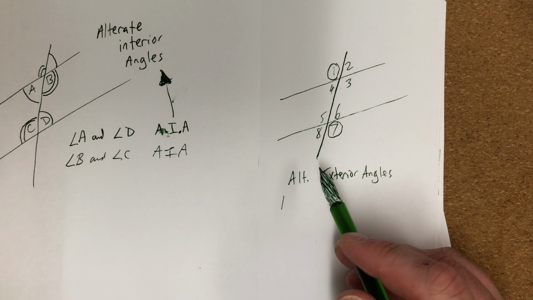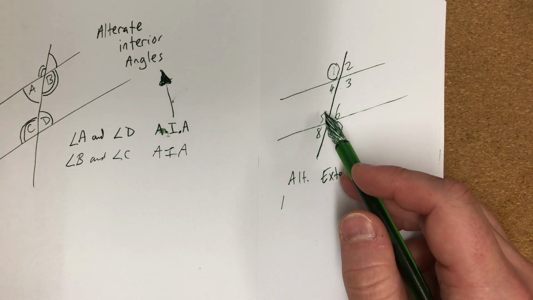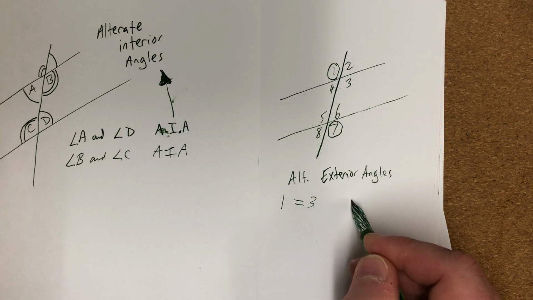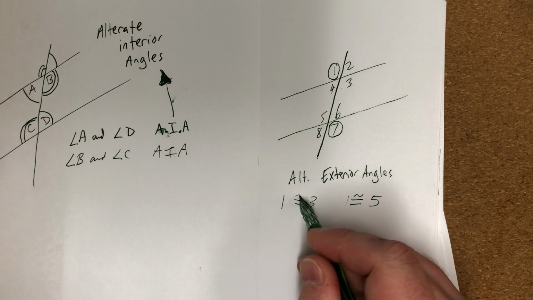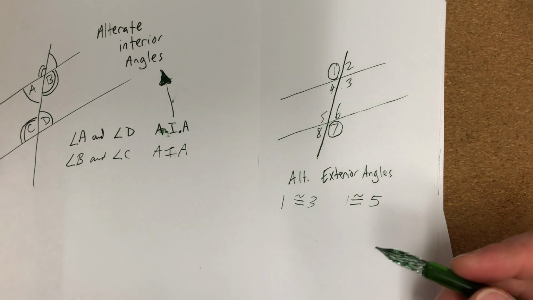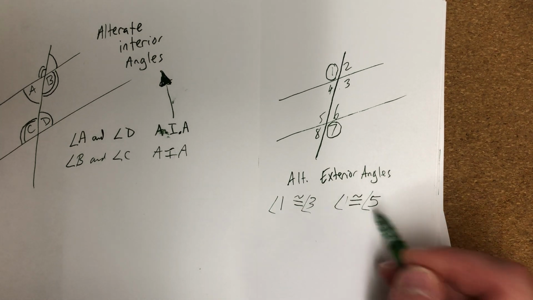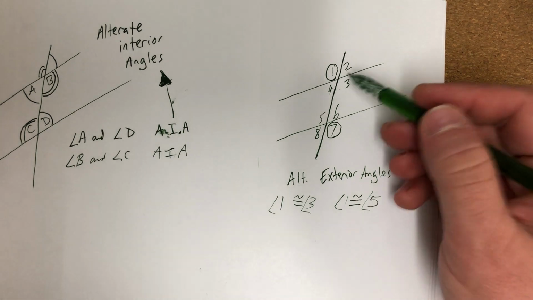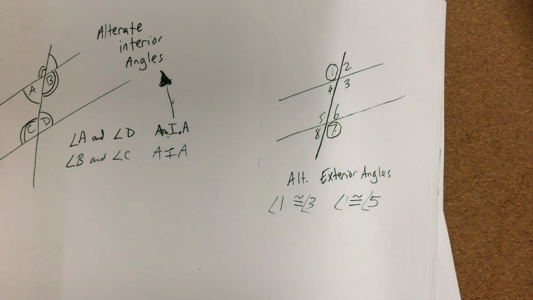Well, let's see. We know that 1's congruent to 3. We also know that 1's congruent to 5, right? We know 1 and 3 and 1 and 5 are congruent. Are either of those congruent to 7? Well, 3 and 7 are what we call corresponding, so those are congruent.